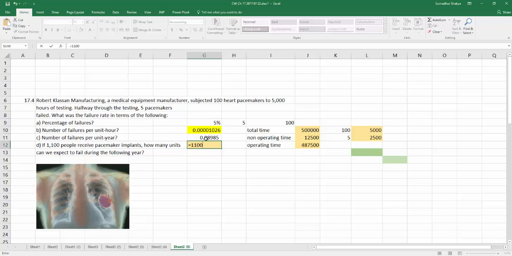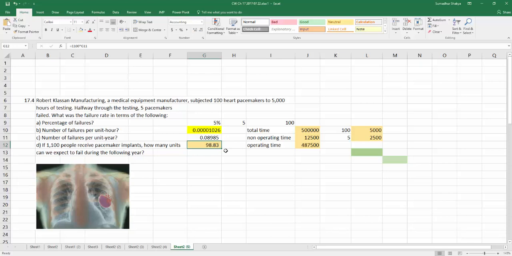Then in 1 year we can expect, out of those 1100 patients, these many failures. So if 1100 people were to receive the pacemaker implants, we would have 98 people potentially facing death, because there would be 98 pacemakers that would fail.